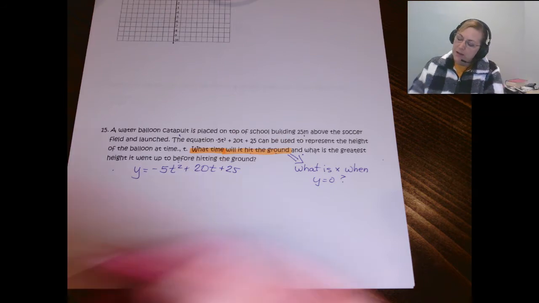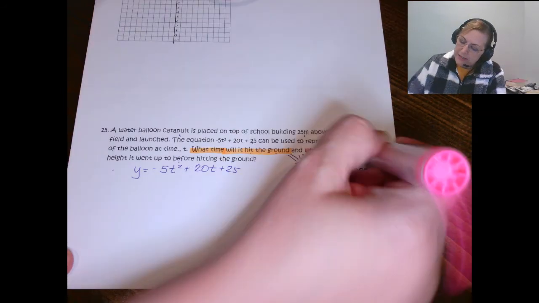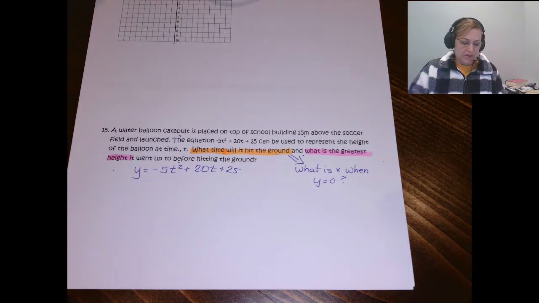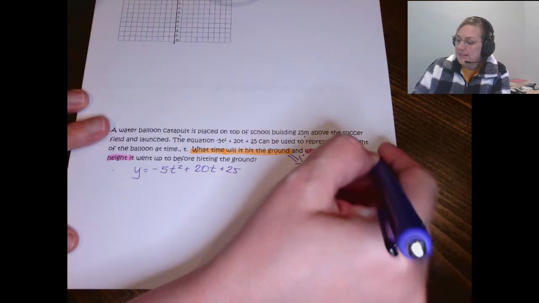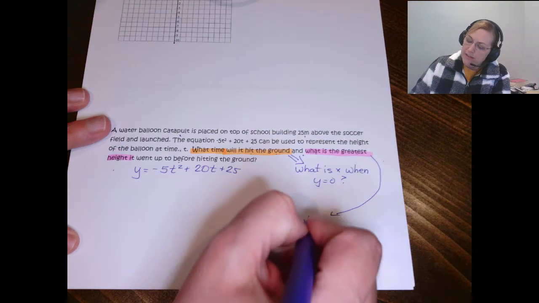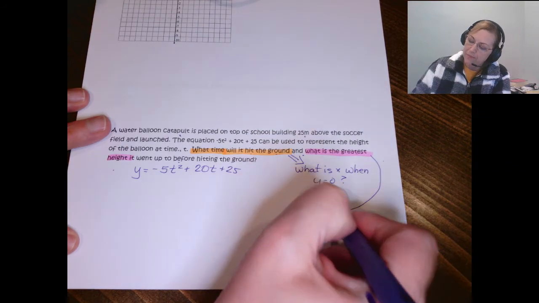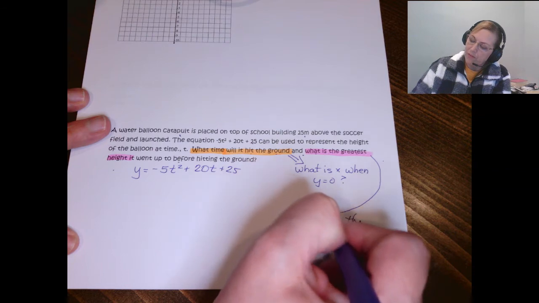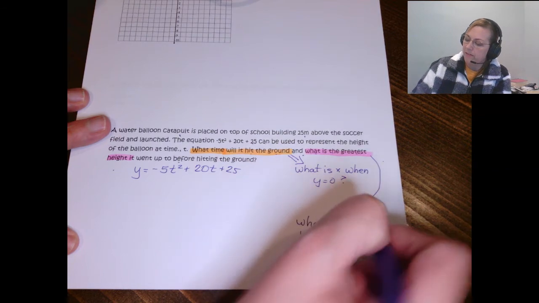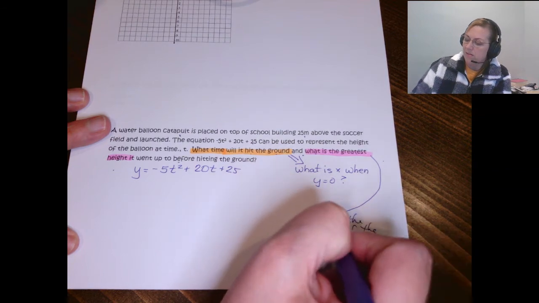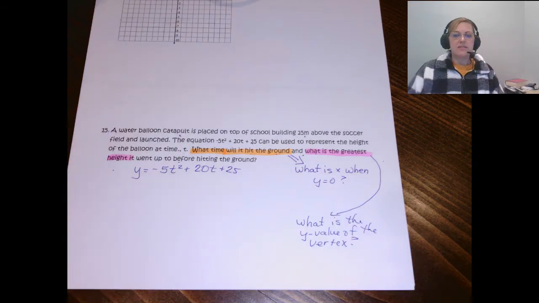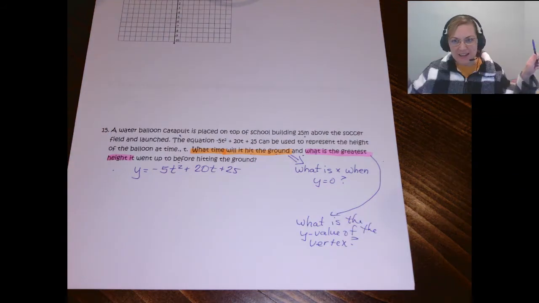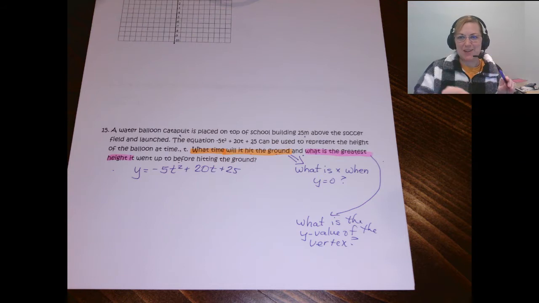And then the second one is what is the greatest height? So let me translate that one for you. That is asking us what is the y value of the vertex? Okay, so I just took it from math speak to actually what am I going to do with that?